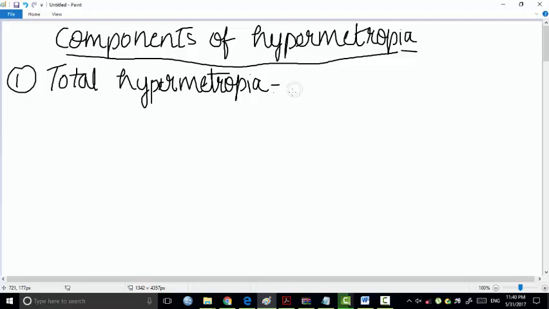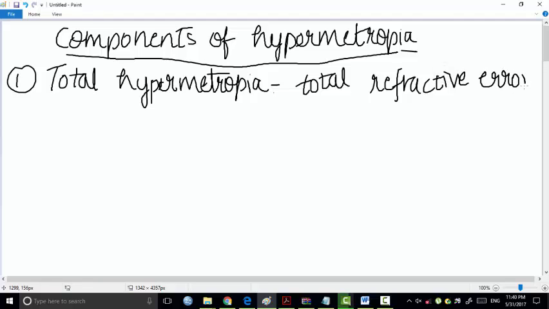Total hypermetropia generally includes the total amount of refractive error which a person's eye has after complete cycloplegia with atropine.